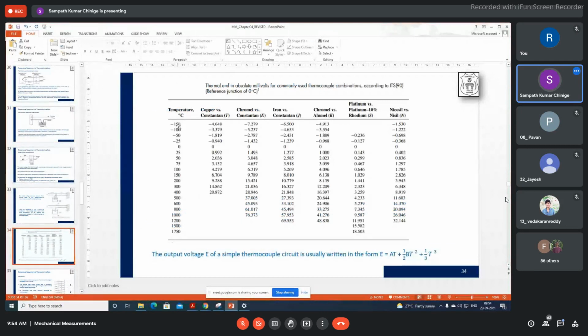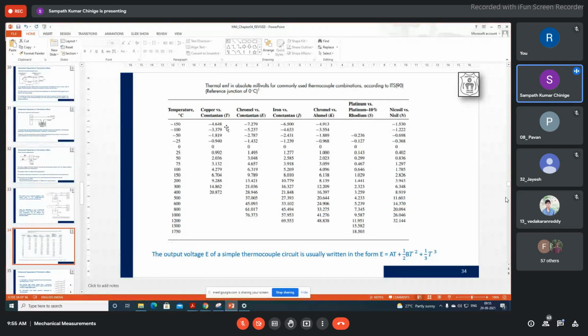So from minus 150 to 0, you get copper versus constantan at minus 4.648. That is a T-type thermocouple. There are T-type, E-type, J-type, K-type, S-type and N-type. How much voltage is each creating? It's in millivolts. At minus 150 degrees centigrade, we get minus 4.648 millivolts.